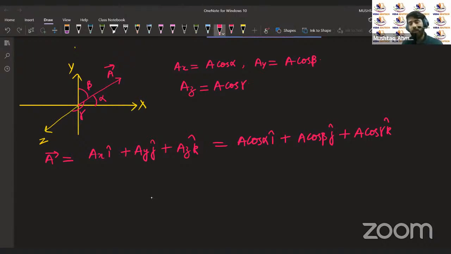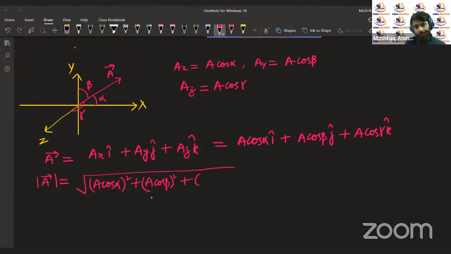If we try to find the magnitude of this vector A, the magnitude is mod of A, that's the square root of A cos alpha whole square plus A cos beta whole square plus A cos gamma whole square.